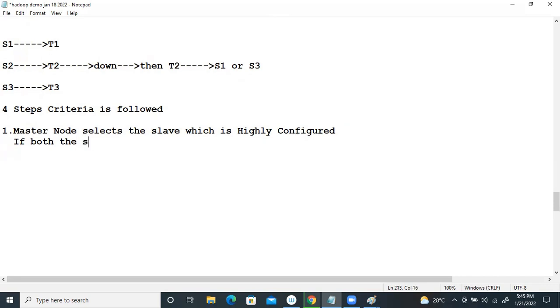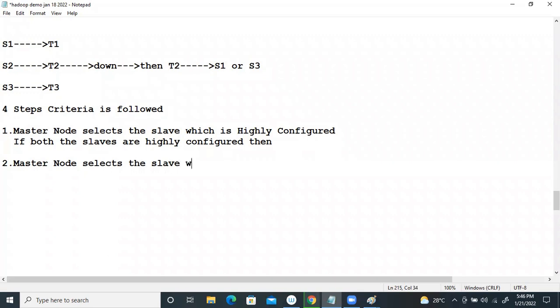If both the slaves are equally or highly configured, then the master node selects the slave which is more ideal, which means more free.